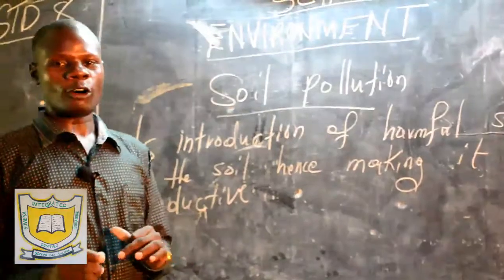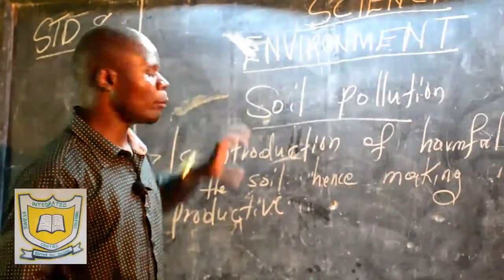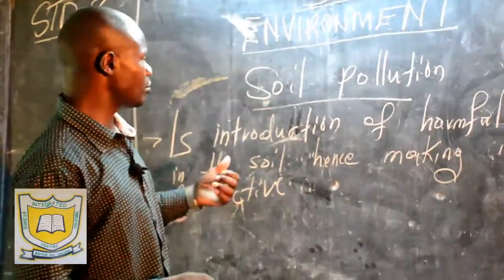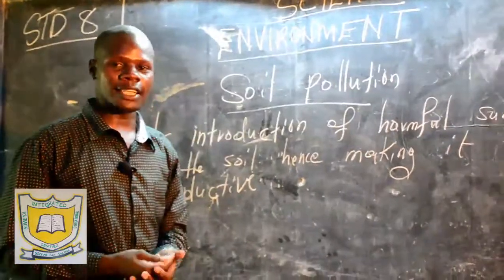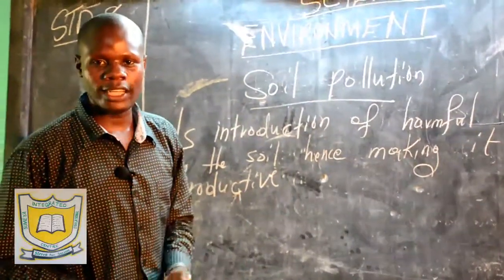That is the meaning of soil pollution. Polluted soil is a soil that has had harmful substances introduced into it, and it makes that soil less productive.